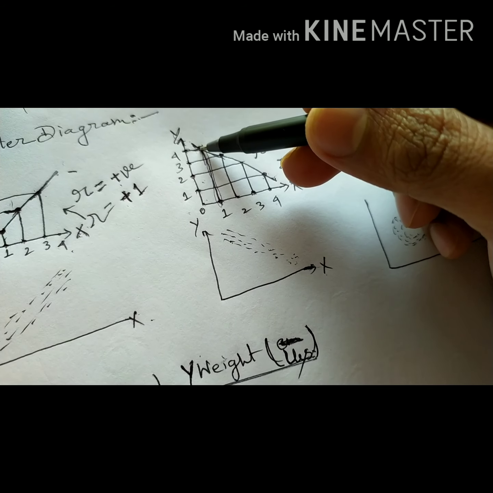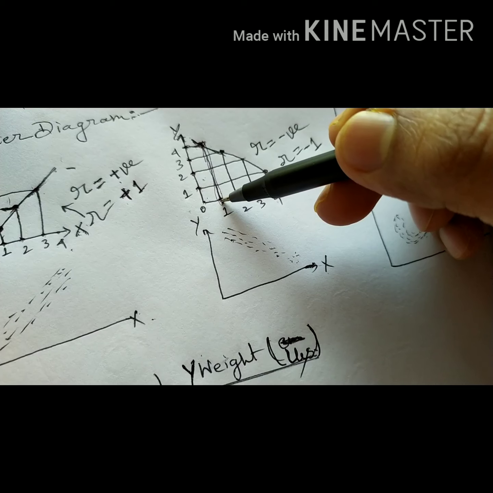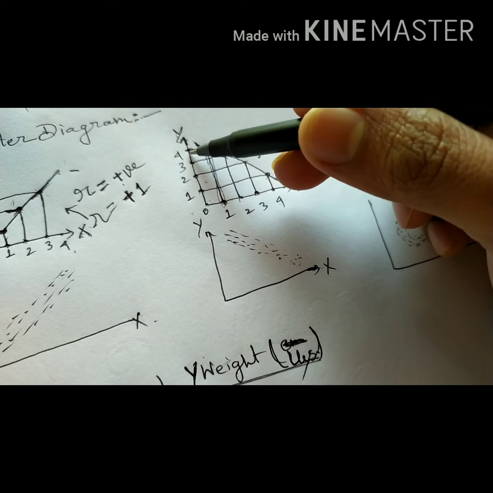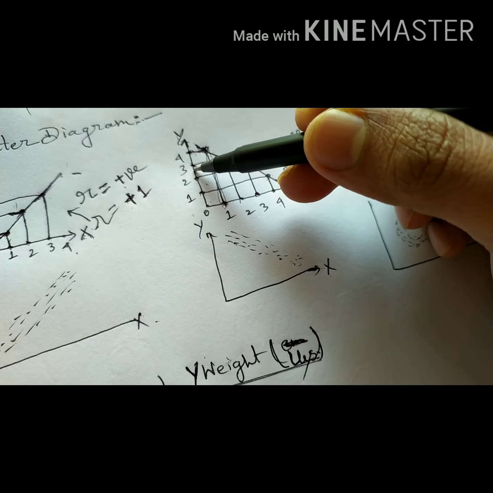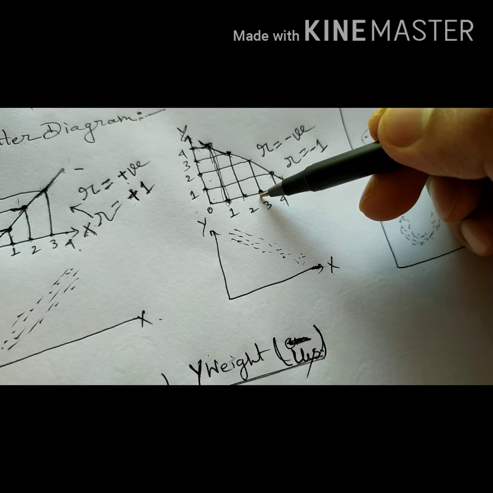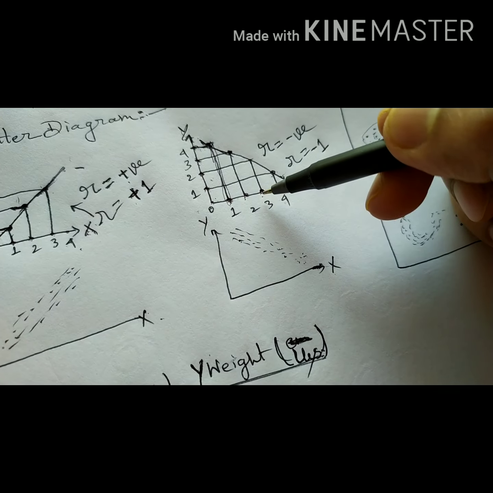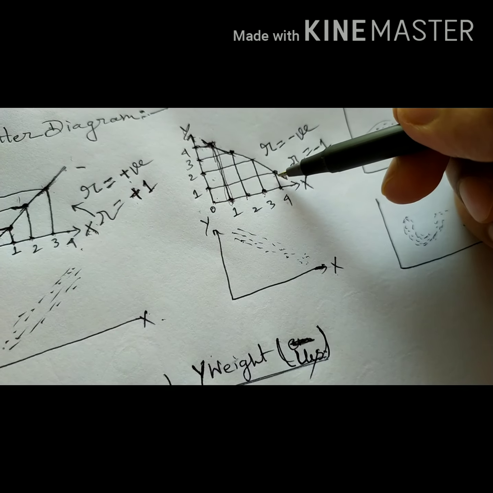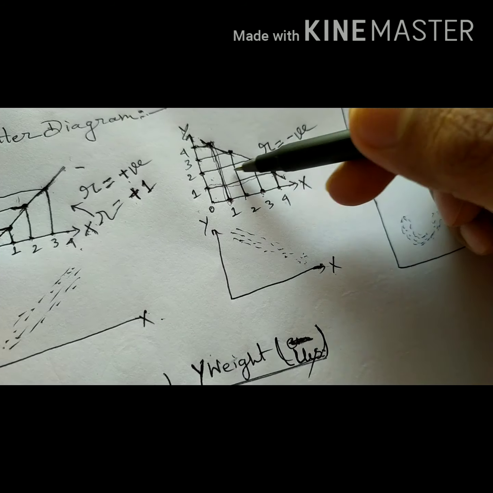When x is increased from 1 to 2 units, y falls, or is decreasing, by 1 unit, 4 to 3. Same way, when x is again increased by 1 unit, y is also decreased by 1 unit. Again x is increased by 1 unit, y is also decreased by 1 unit, and all the intersection points we have seen here.